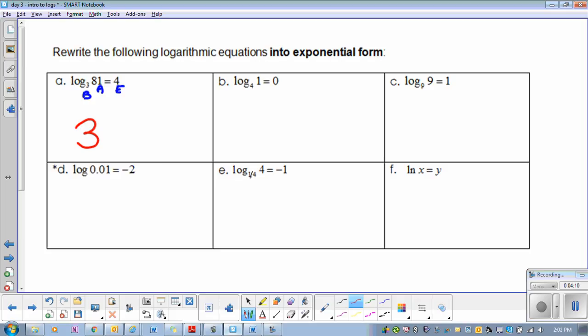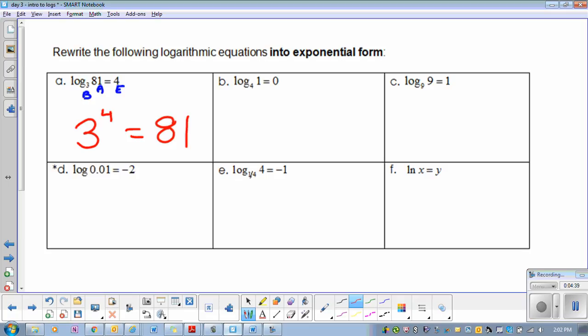What is the exponent? Which one of those is the exponent, the B, A, or the E? The E, which is the 4. Equals, what is the answer part? 81. Base, answer, equals exponent. You're switching those around.